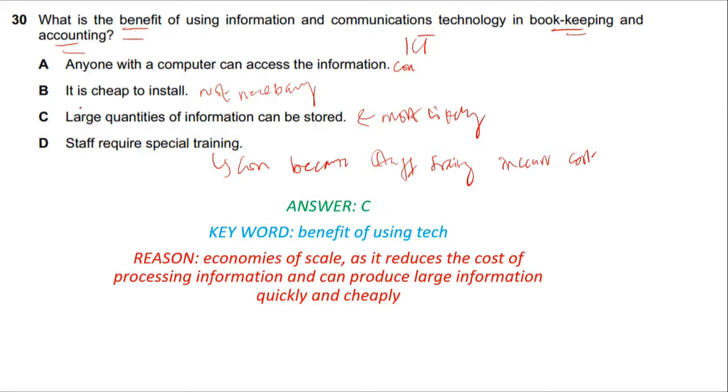Therefore, the correct option here would be option C. Large quantities of information can be stored at a cheaper price. If you use ICT or technology to do bookkeeping and accounting, you can store large amounts of information at a cheaper rate, and hence that is the benefit. So the correct option to multiple choice 30 is option C.